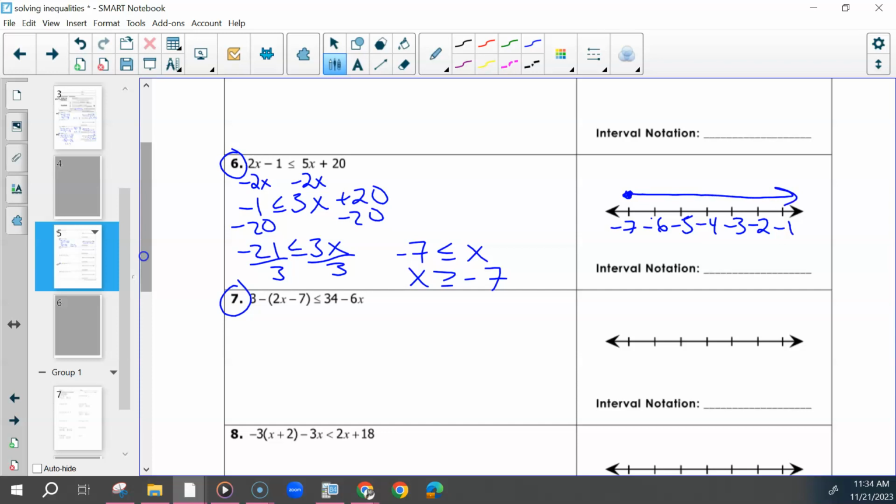So to the right. Your number line does not have to match mine. Where does it start? Would that be a parenthesis or a bracket? Bracket at negative 7, and it goes to positive infinity, because the numbers keep getting bigger. Questions on that one?